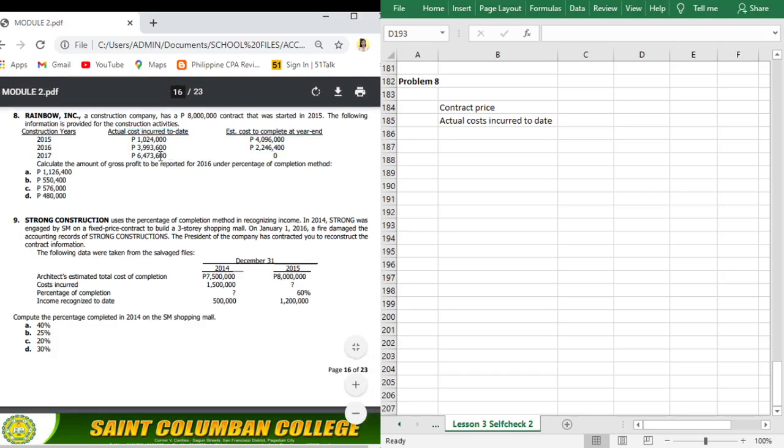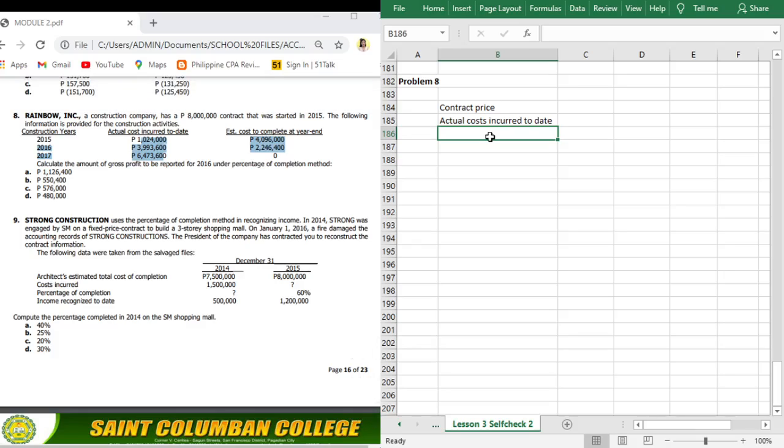For this problem, walay problema kay naka-cumulative na siya daan. Okay? Actual cost incurred to date, and then we will add the estimated cost to complete, and then you can get the total estimated costs. Okay? So, let's start first with 2015.